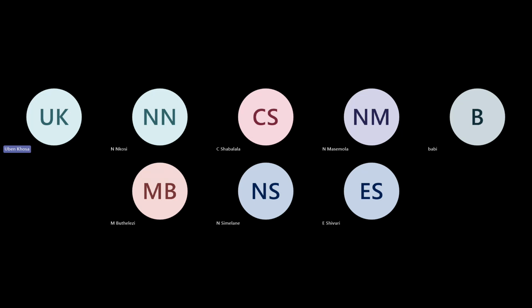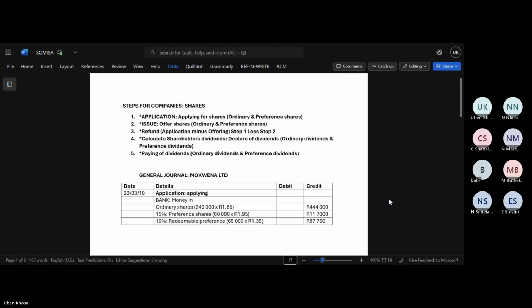Okay, let's continue. For the question that we are doing here, when we check the information that we are given, on 20 March 2010, the members of the general public applied for the shares as follows.